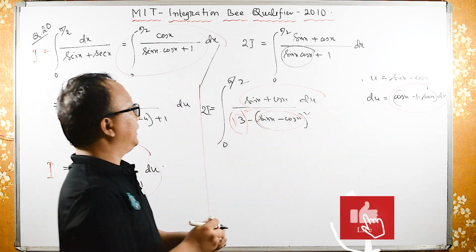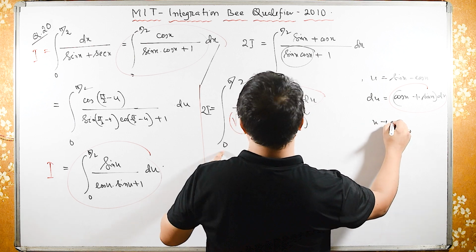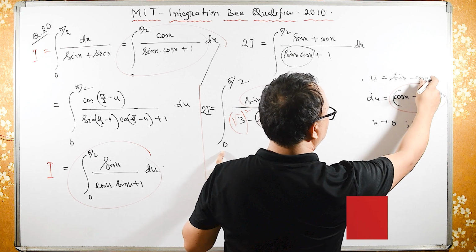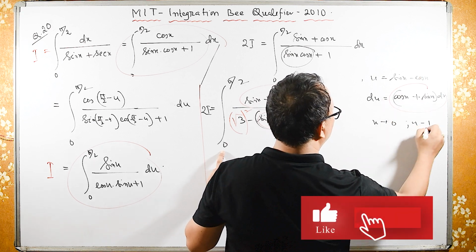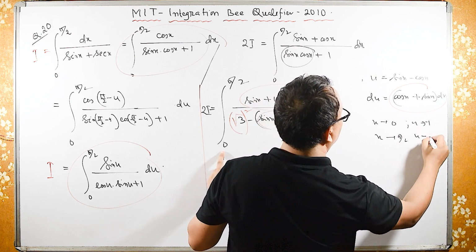Let's change the limit. When x tends to 0, sin 0 is 0 and cos 0 is 1, so I get minus 1. When x tends to pi by 2, then u tends to 1.